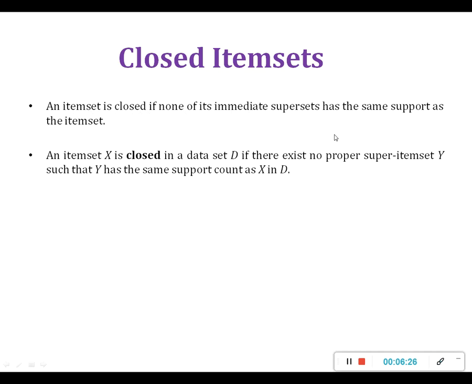Then for its immediate supersets, whatever supersets we have for that item set, if the item set and superset support counts are the same, then we can say that the item set is not closed. In simple terms, if the support count of this item set is equal to the support count of its immediate superset, then the item set is not a closed item set.